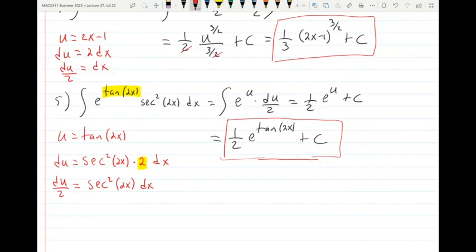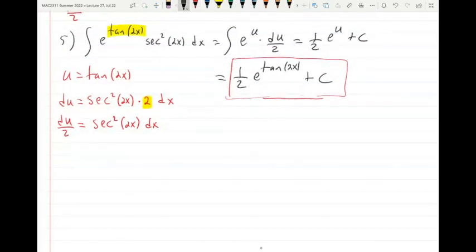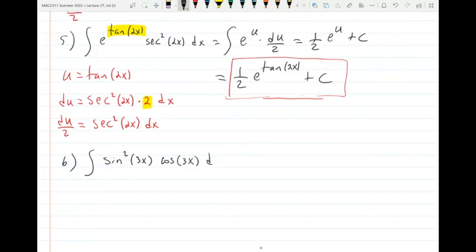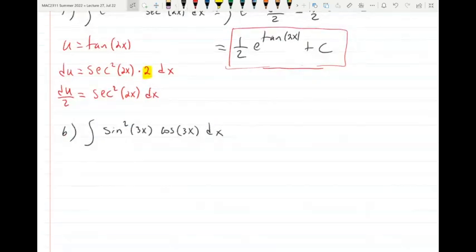All right, so this one, number 6. So we have sine squared of 3x times cosine of 3x. Okay, all right, so this time I'm going to let u be equal to sine, just sine, not sine squared, because if you do sine squared, then the derivative of that is going to be 2 sine times the cosine and then times the 3.